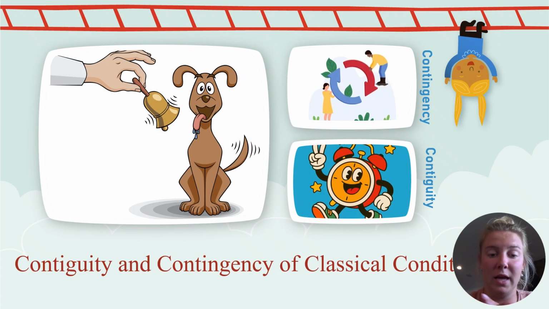Okay, so let's talk about contiguity and contingency in classical conditioning. Contiguity is a reference to how close in time two stimuli occur. For the learning to happen effectively, the conditioned stimulus, like the bell, needs to be presented very close in time with the unconditioned stimulus, the food, to form an association.